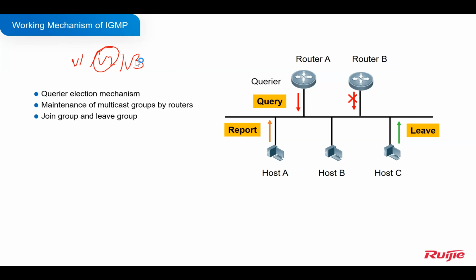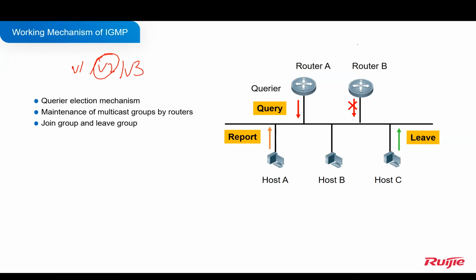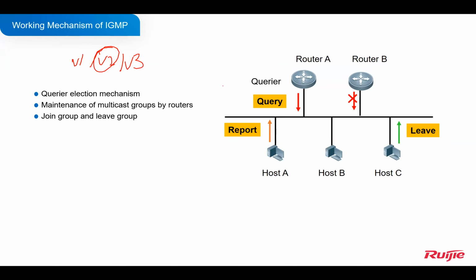Then we go back to the packet introduction. In this topology, we can see three types of packets. First is the query, second is the report, and third is the leave. The query packet is sent from the router to our hosts. There are two kinds of query packet: first is the common query packet, and second is the specific group query.